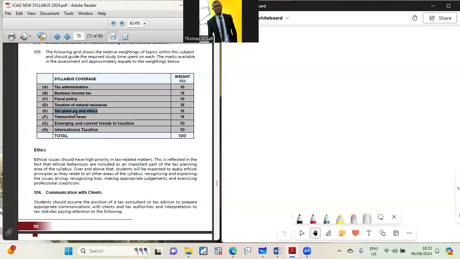Then the new thing they also brought into the syllabus are these 2 new topics. Transaction taxes. Transaction taxes, they are just basically talking about VAT. So VAT used to be in level 2, and now we are going to consider VAT in level 3.